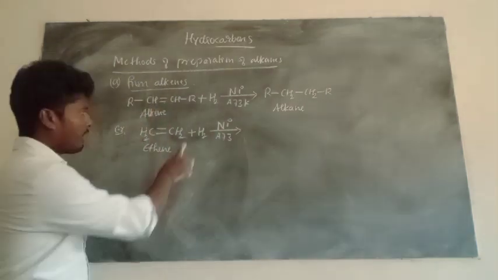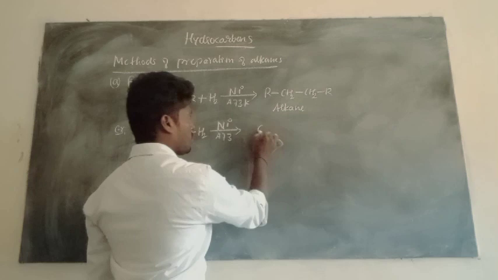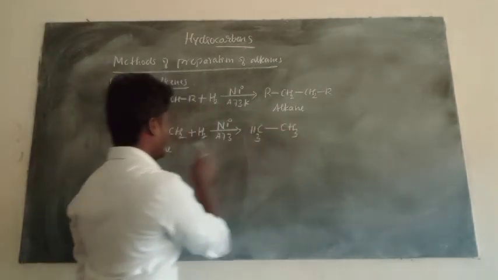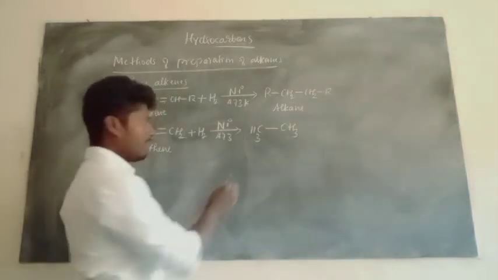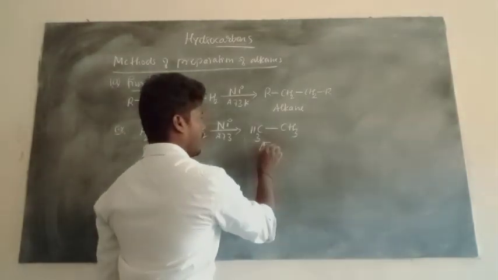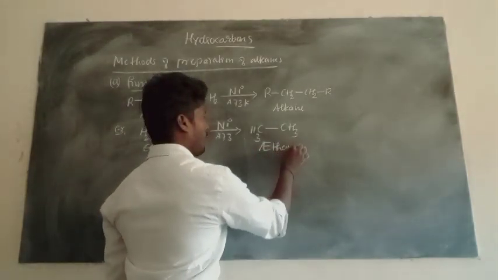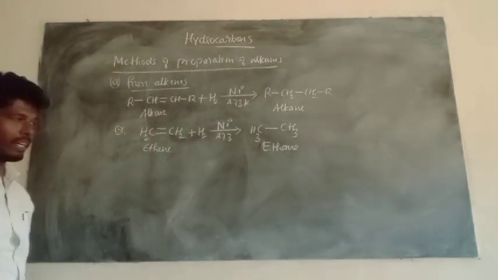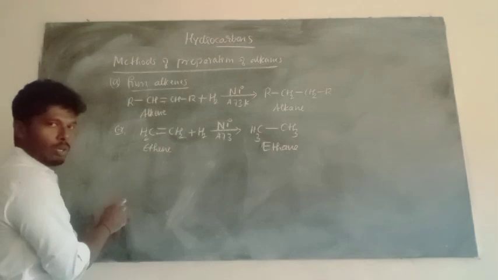This hydrogen is added between these carbons. So that is CH3, single bond, CH3. The double bond becomes a single bond. That we call ethane.